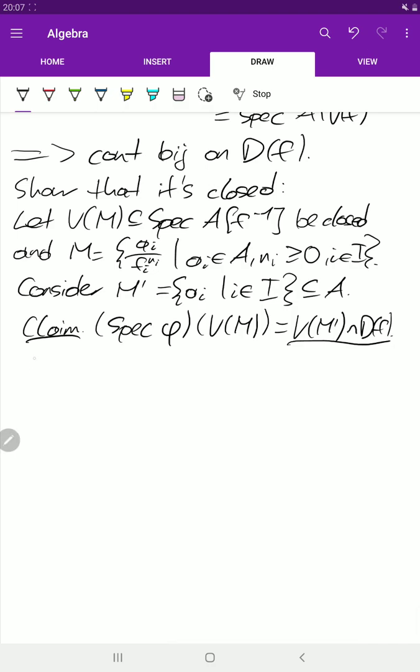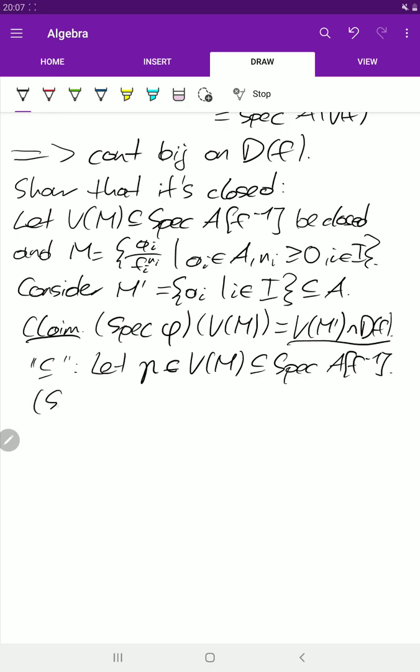Okay, so let's prove the claim. Let's take some P in V(M), which is a subset, again, of the spectrum of A_f. Now let's look at what happens to that P. It gets mapped to the inverse image under this map phi.